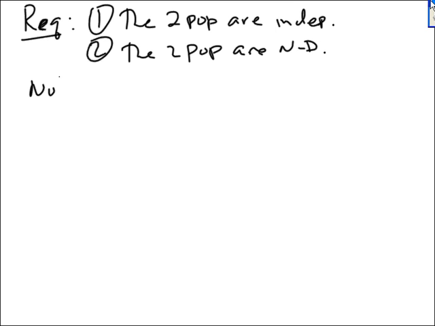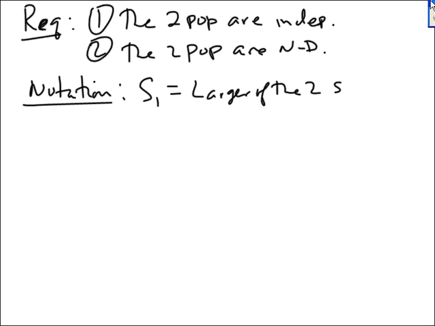And in this case, we have some silly notation that we have to be careful with. S1 squared, we can even just say S1. S1 is the larger of the two sample standard deviations.